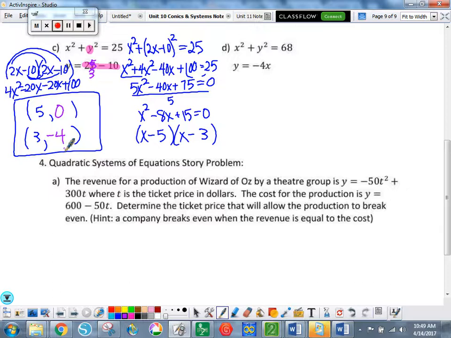Now, notice, this one's a monomial instead of a binomial. Do you expect the problem to be easier? Yes. It should be easier because you don't have to do the whole FOIL thing, right? So, when we substitute this to here, you rewrite x squared plus negative 4x squared equals 68.